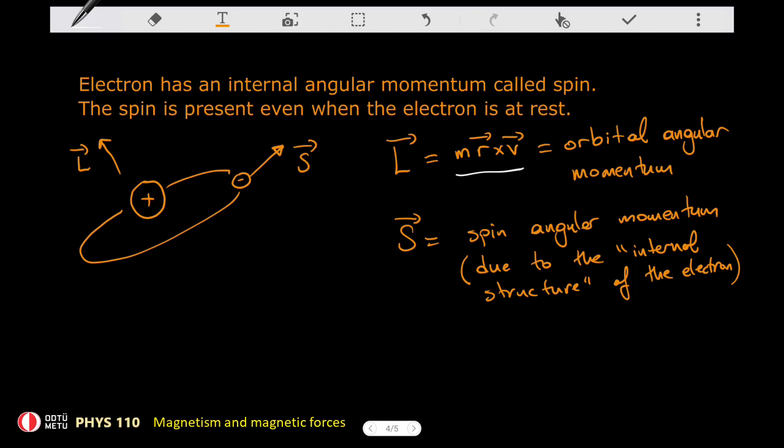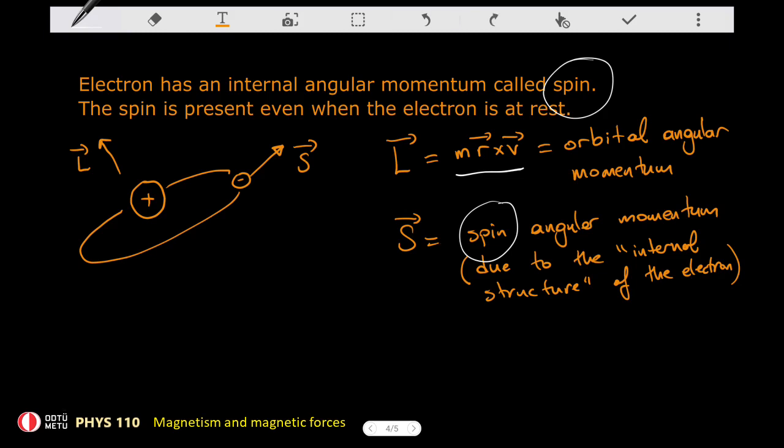But it appears that the electron also has an internal angular momentum, which is always present, even though the electron is not moving, even if it is at rest. When it is at rest, of course, the orbital angular momentum would be zero, but there will still be this additional internal angular momentum. We call this the spin, or the spin angular momentum, but in short, we show it by the capital S symbol.